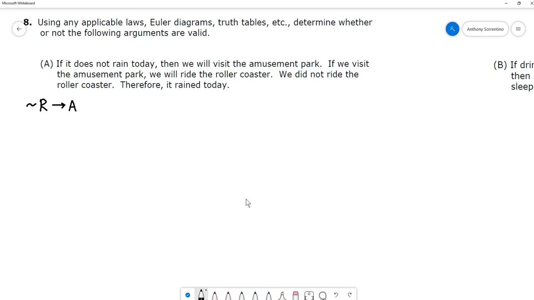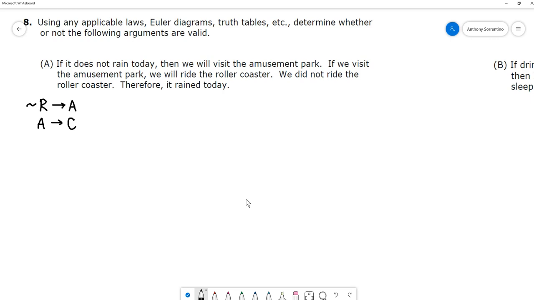If we visit the amusement park, we will ride the roller coaster. So again, visiting the amusement park is A. If that happens, then we will ride the roller coaster. I'm going to use C for coaster because we already have R for rain. So that takes care of the second statement. We did not ride the roller coaster.